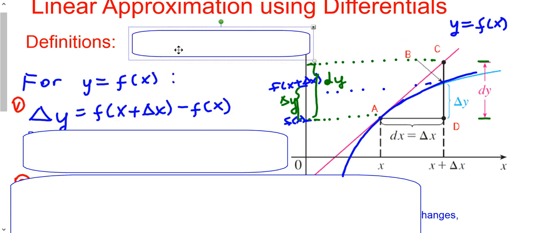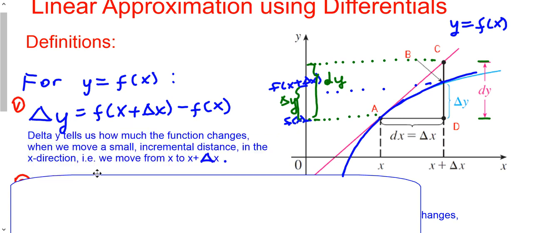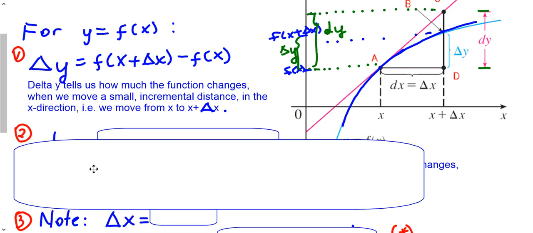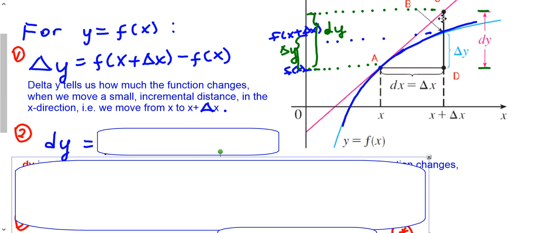So delta y is how much the function has changed when we go from x to x plus delta x. Dy is how much the tangent line has changed. And as an equation, what would that be? Well, the slope of the tangent line is the derivative f prime of x.